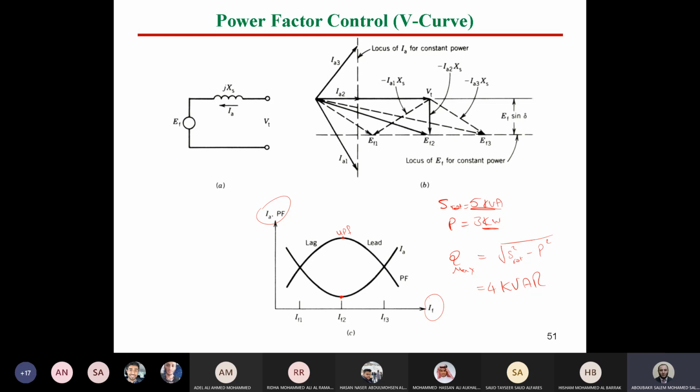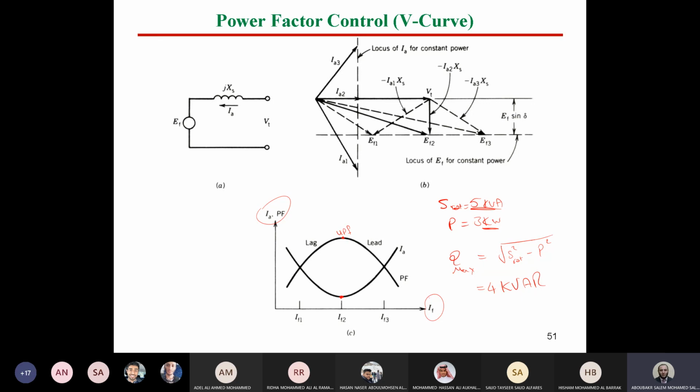You know, a condenser doesn't absorb any active power, where S equals Q. Right or wrong? For any capacitor guys. Yes. So in this case, we will operate the synchronous motor as a capacitor. So this is a special case, one of the operating modes of a synchronous motor.